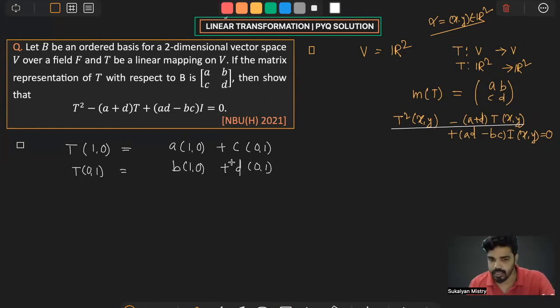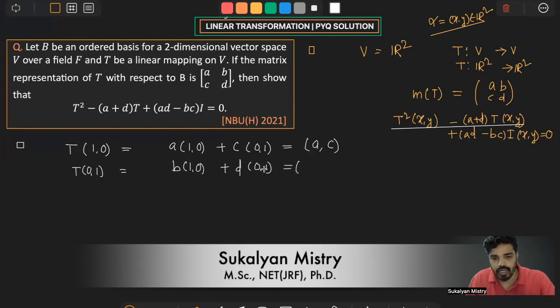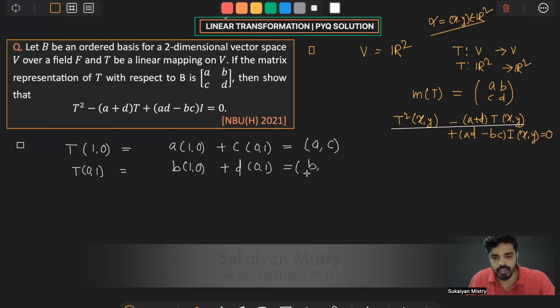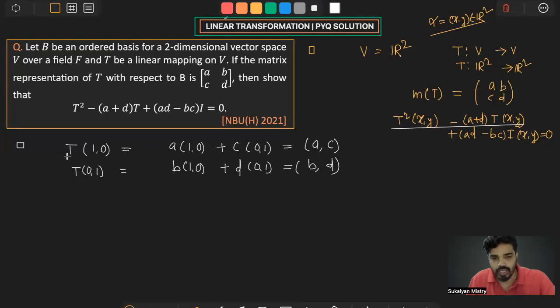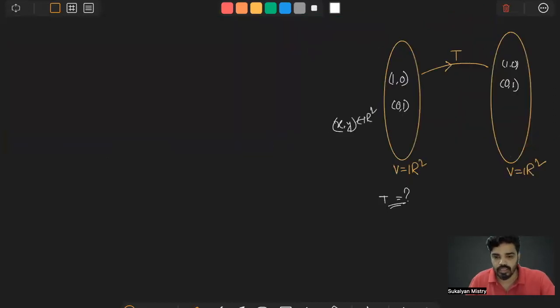So it will be A plus 0, that means simply A, and 0 plus C, that is C. And B plus 0, that is B, and 0 plus D, that means D. So actually T of 1, 0 is A, C and T of 0, 1 is B, D. Getting my point?